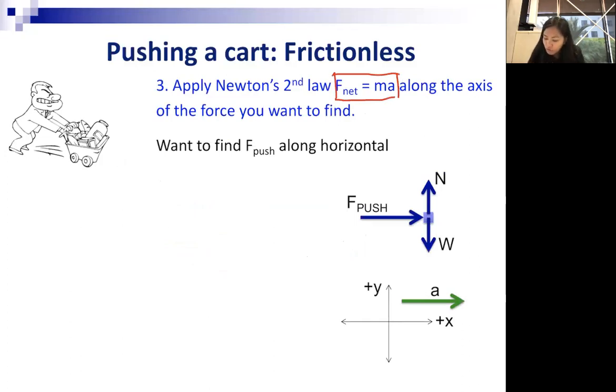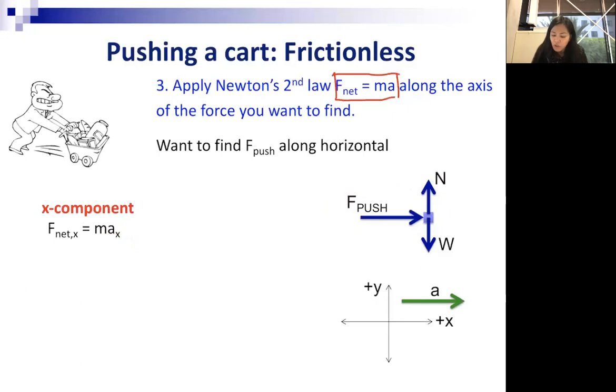And if you look at your free body diagram, the push force is along the horizontal or along the x-axis. And therefore we need to apply Newton's second law of motion along the x component or along the horizontal. So if you do that, the net force along the x-axis should be equal to the mass times the acceleration along the x-axis.